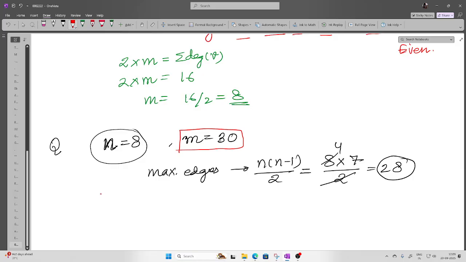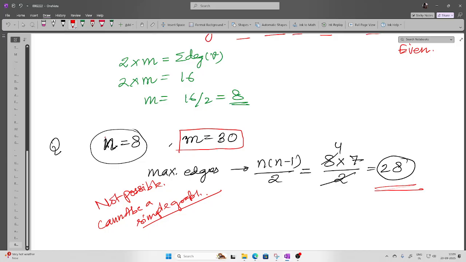Hence such a graph is not possible. Why? Because it cannot be a simple graph. So if I am having a simple graph, then the maximum number of edges for 8 vertices can be 28.